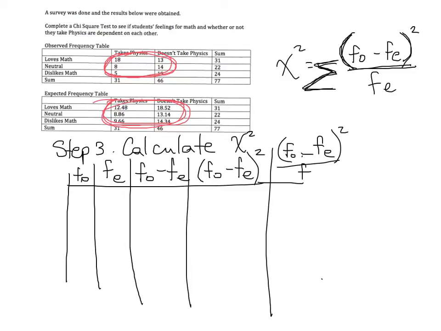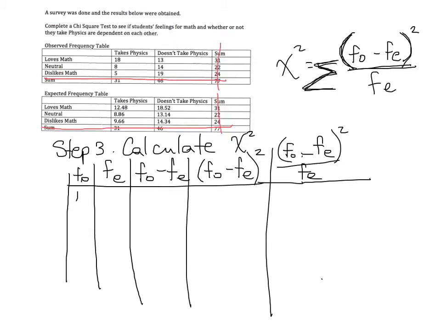So here's how this is going to happen. We're going to have to list all our FO values first. So let's make sure we can see them. The FO values, we're no longer in need of the sums. We can completely ignore our sums. Our FO values are just the numbers of the people, the frequencies of the people who took the survey.